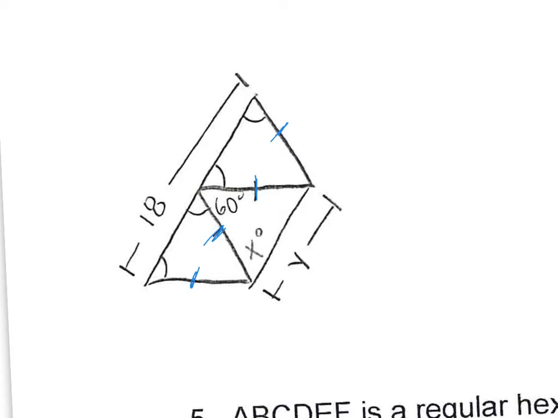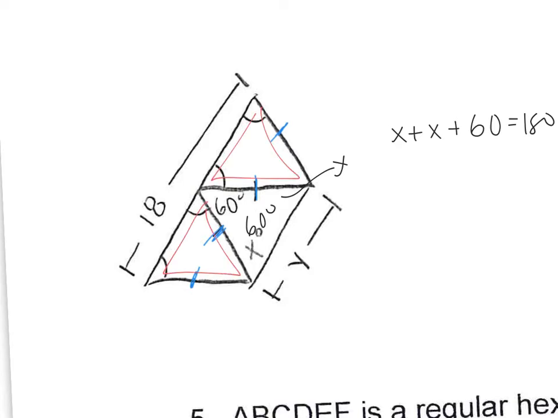So if the middle triangle is isosceles right here, then that means that this base has to be x as well. So if this one is 60, it's going to be x plus 60 equals 180. When you solve for x, you're going to get 60, so this is 60 degrees. So these three triangles are all equilateral, 60 degrees. So if all the way across is 18, then this segment has to be 9, and then y has to be 9. So x is 60 and y is 9.